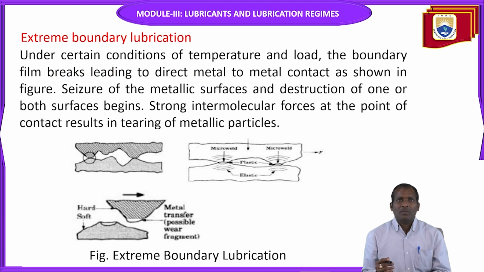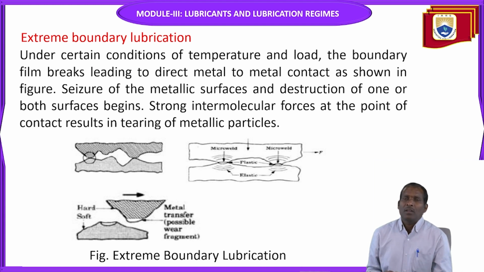So the extreme boundary lubrication means that under certain conditions of temperature and load, the boundary film breaks, leading to direct metal to metal contact, as shown in the figure. Here the metal to metal contact and seizure of the metallic surfaces and destruction of one or both surfaces begins.